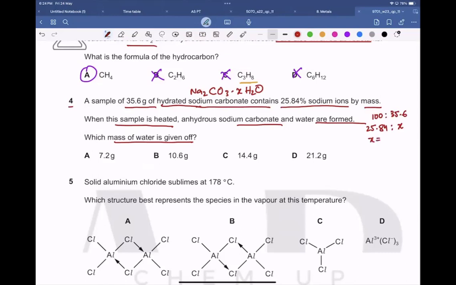The mass we calculate over here would be the mass of sodium. Yes, can anyone calculate the mass of sodium? It's 9.19. Okay, so 9.199.